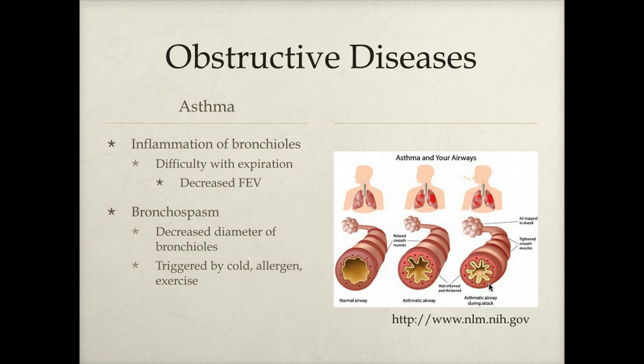It contracts and it decreases the diameter or the opening of the bronchioles. Okay? And that decreased airway, again, you can imagine that trying to exhale through a narrower tube is going to be a lot more difficult than exhaling through a normal airway.